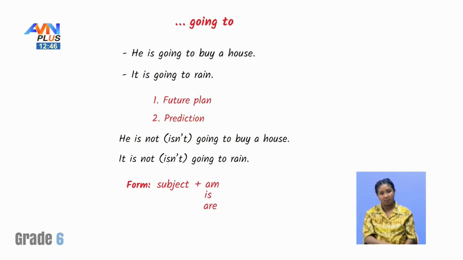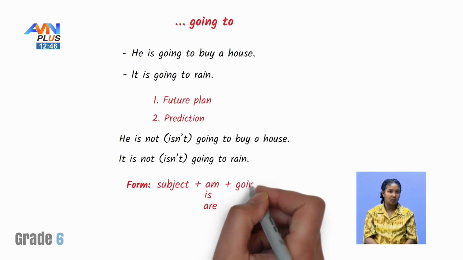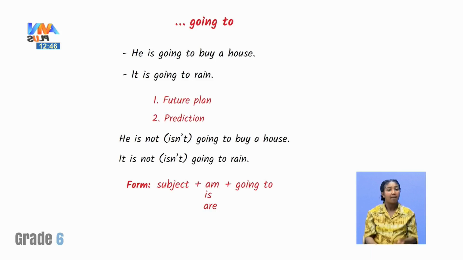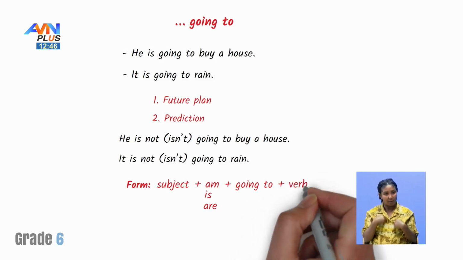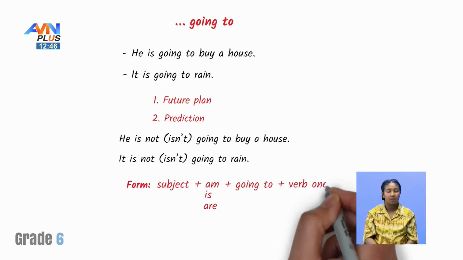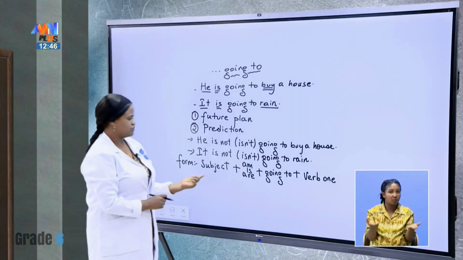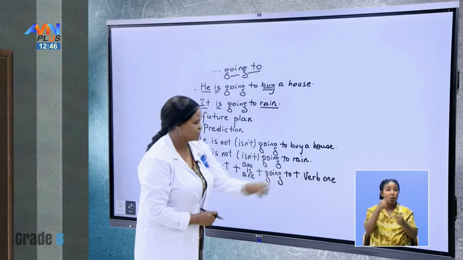Very good. Plus, then going to. Plus, what kind of verb do we have in both of them? We have verb 1. Plus object or predicate. Subject plus am, is, are, plus going to, then plus verb 1.